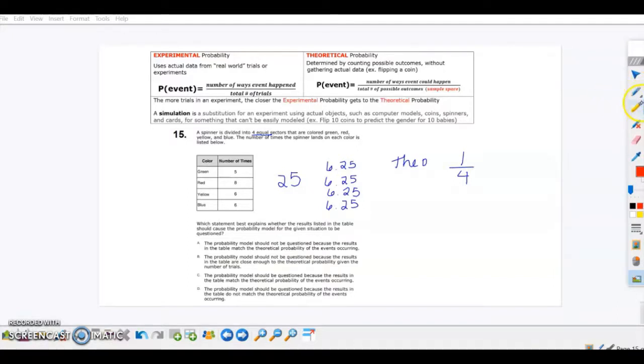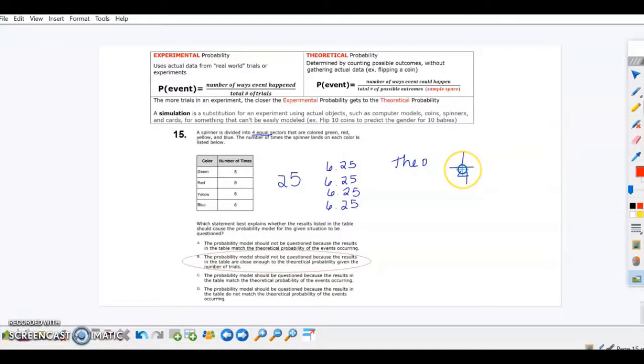Letter B, the probability should not be questioned because the results in the table are close enough given the number of trials. I'd say that that would be accurate. The more trials, if they would have done this spinner 500,000 times, chances are it's going to be a lot closer to 1/4 of the time.